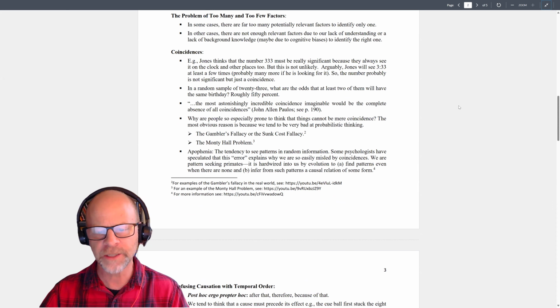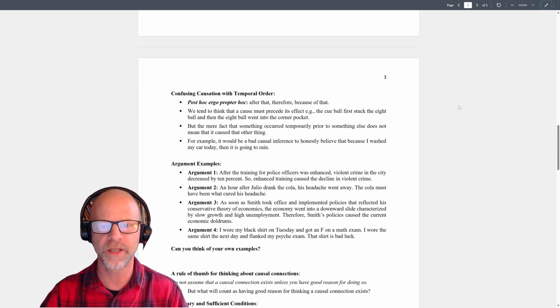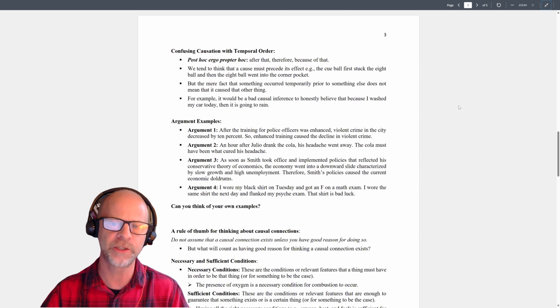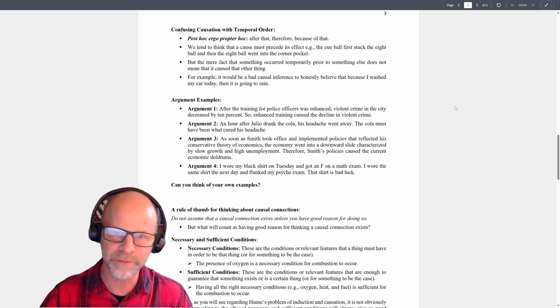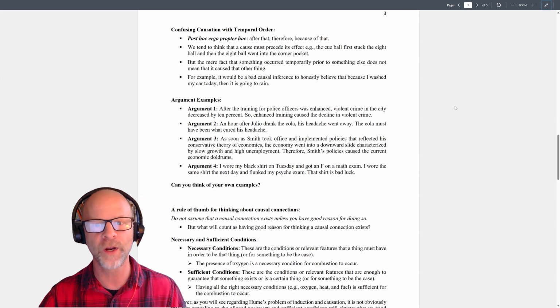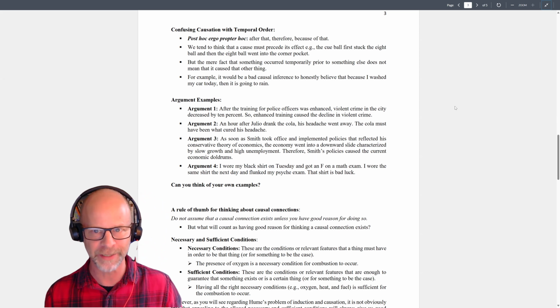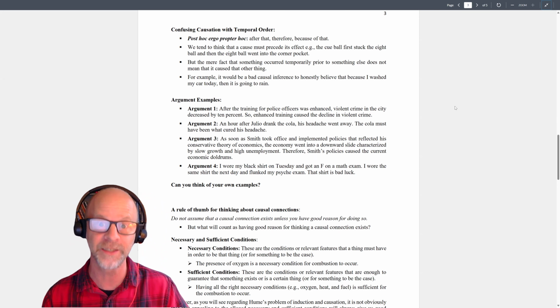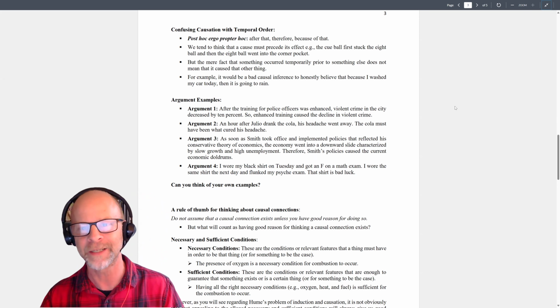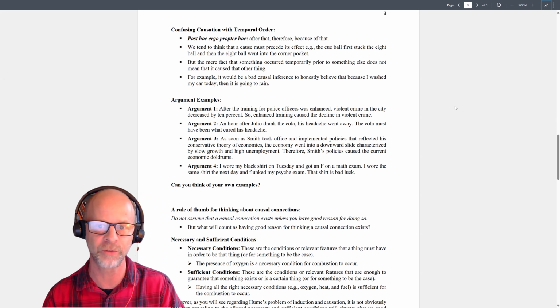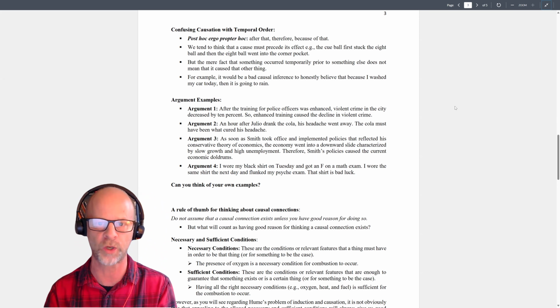All right, now the next point that I want to turn to is this point about confusing causation with temporal order. Sometimes philosophers use this Latin phrase, post hoc ergo propter hoc, which basically just means after that, therefore because of that. And so this is the basic problem of confusing causation with some sort of temporally structured order.